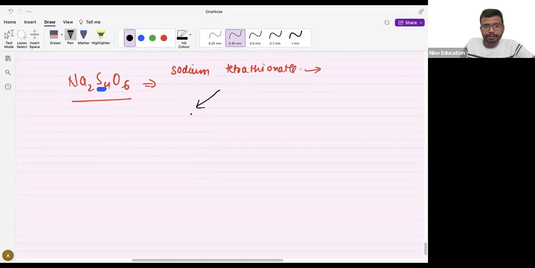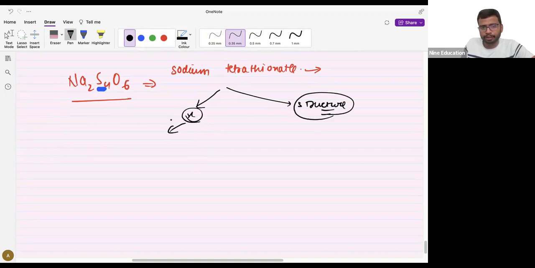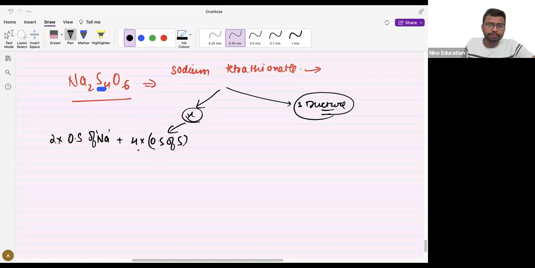See, you can solve by X or you can solve by structure. If you know how to make the structure, then you can solve it. If you don't know the structure, you can solve by X. See how to solve by X. Twice the oxidation state of sodium plus 4 times the oxidation state of sulfur plus 6 times the oxidation state of oxygen, total charge 0.